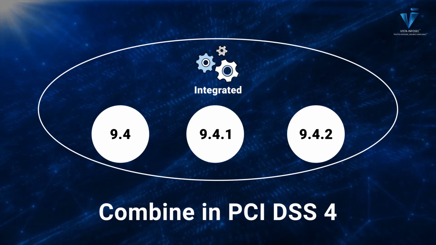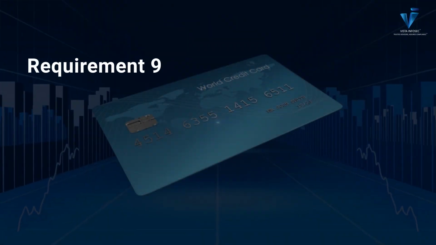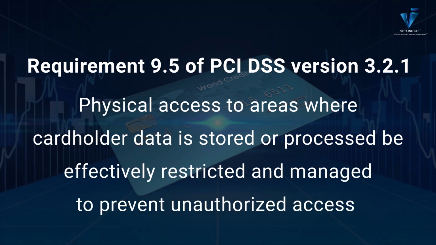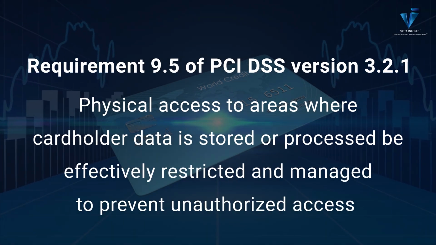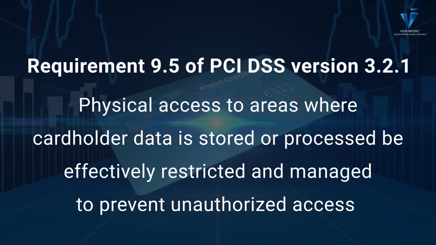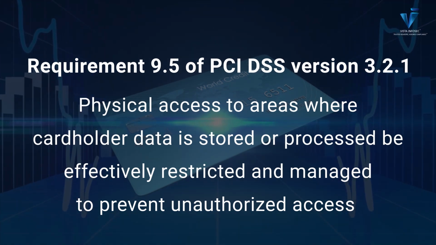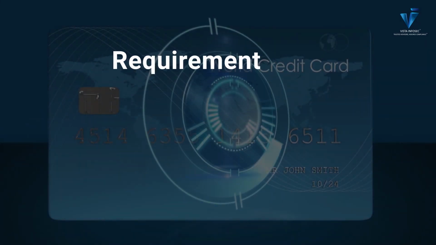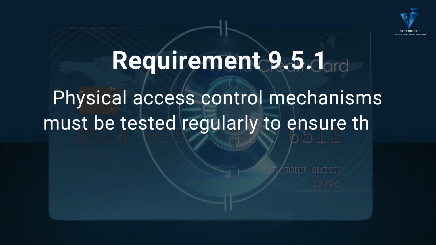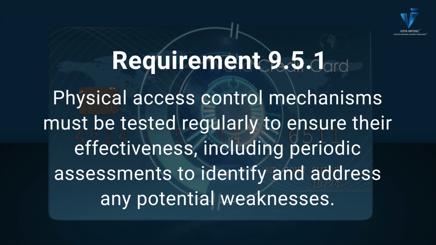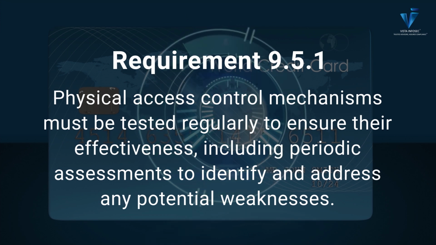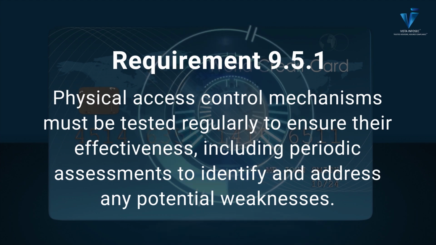Then we come to requirement 9.5 in PCI DSS 3.2.1. This mandated that the physical access to areas where cardholder data is stored or processed be effectively restricted and managed to prevent unauthorized access. Requirement 9.5.1 further specifies that these physical access control mechanisms be tested regularly to ensure their effectiveness, including periodic assessments to identify and address any potential weaknesses.